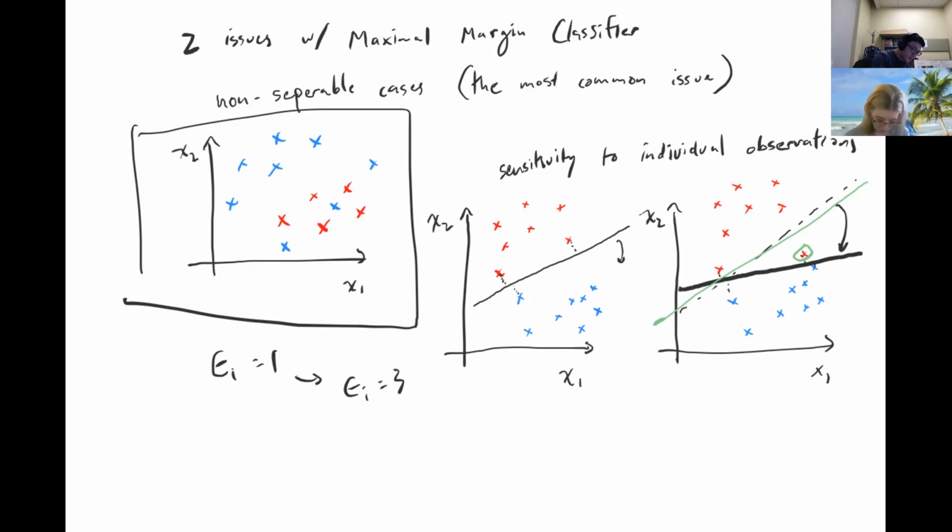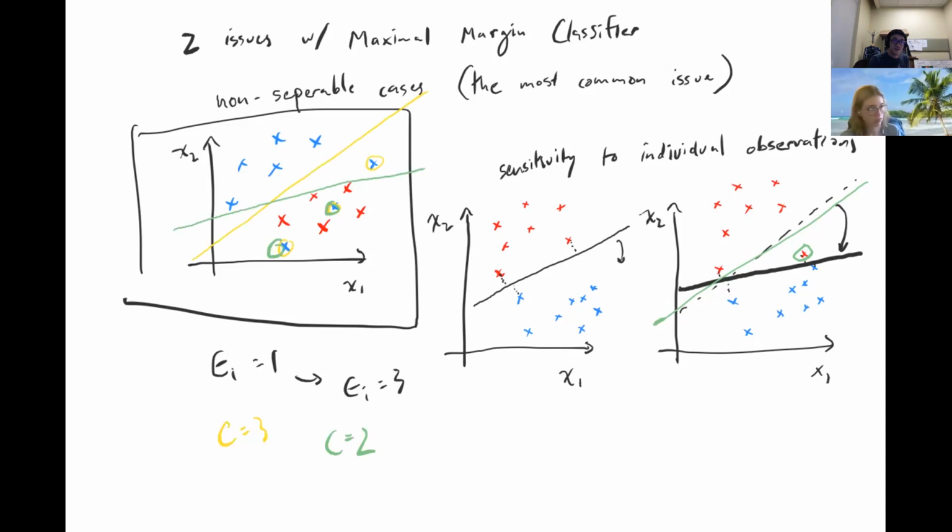Okay, so let's say C equals 3. Well, then I will choose something like this, and I will have my 3 violations and then minimize the distances for the rest of the points. If I did C equals 2, well, then I'm no longer allowed to do that. My line will now look like that. And I will have 2 violations instead of 3 violations.